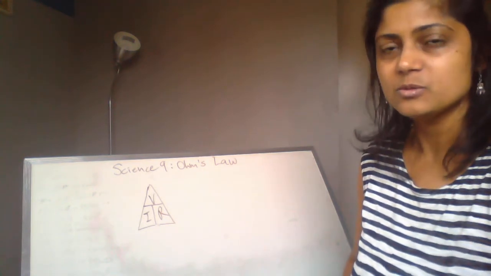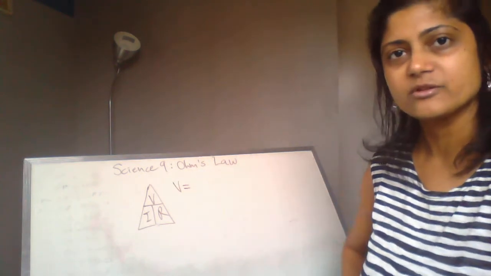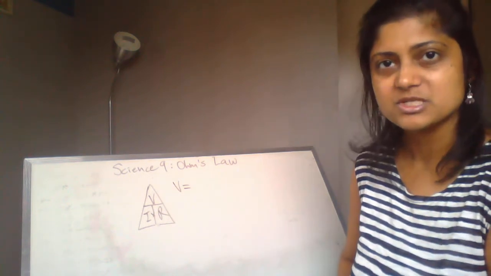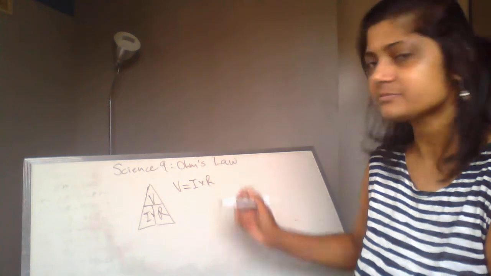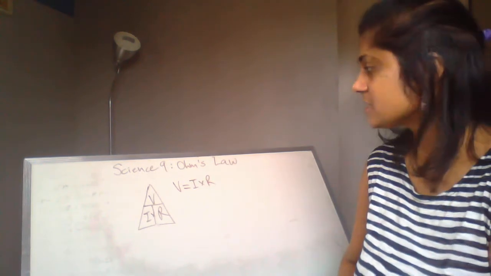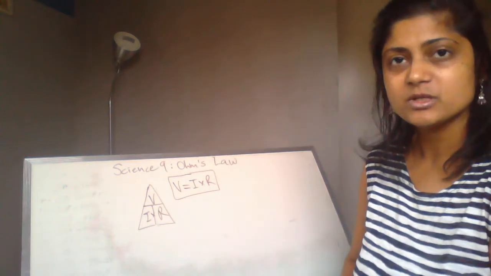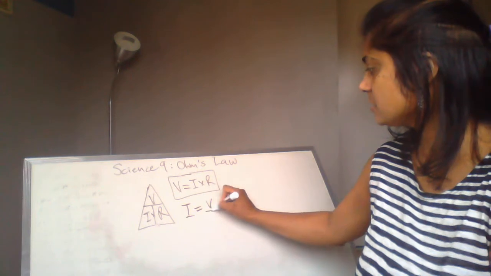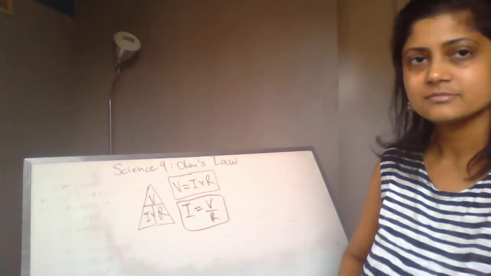And so what we're going to do is write out the formulas. If I'm looking for the voltage, I'm just going to multiply both of these variables together. So I'm going to do I times R, okay? Let's box our formula here. If I'm looking for I, again, this is the current, I'm going to do V divided by R, okay?